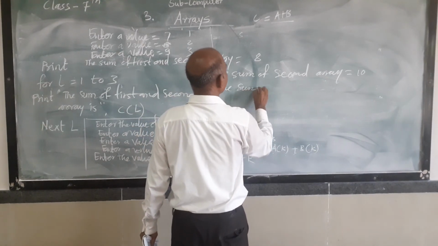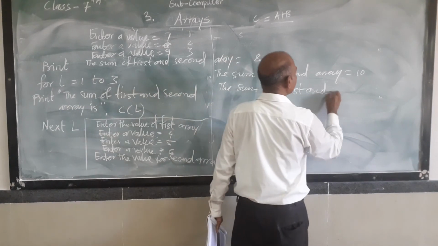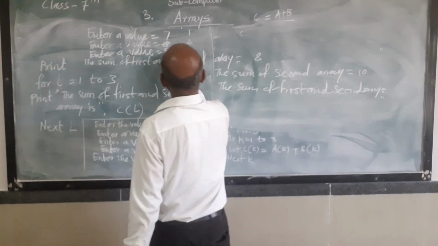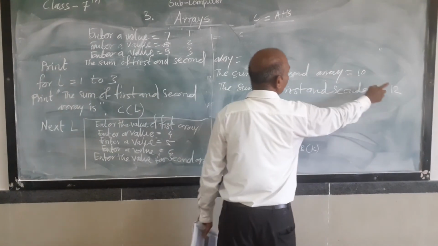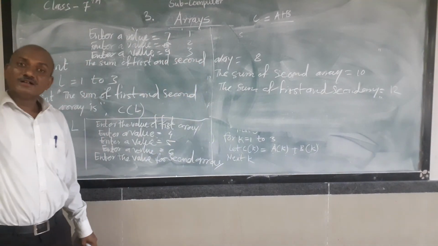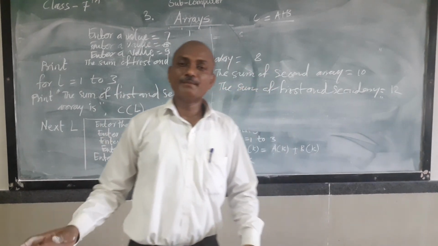The sum of first and second array is equal to 9 plus 3, 12. So 8, 10 and 12, and these values are stored in the C array. This is the multi-dimensional array.